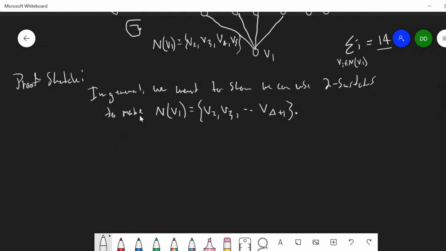So what we're going to show is that we can always make the sum of the subscripts smaller. Again, this is for all Vi in the neighborhood of V1.